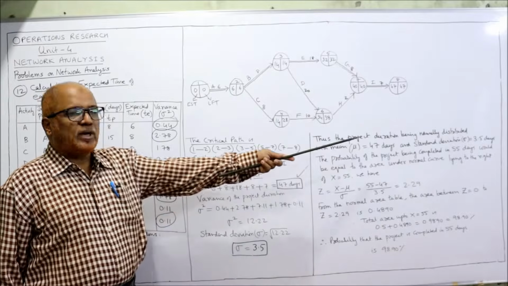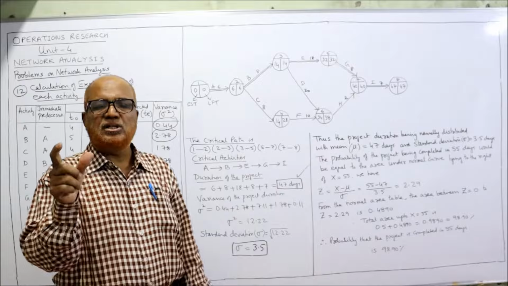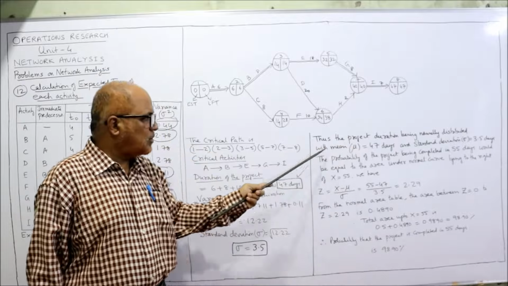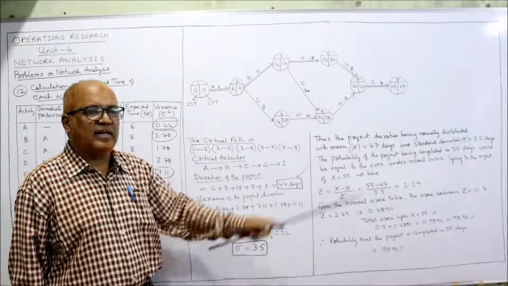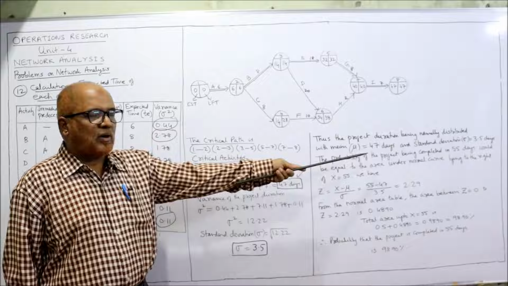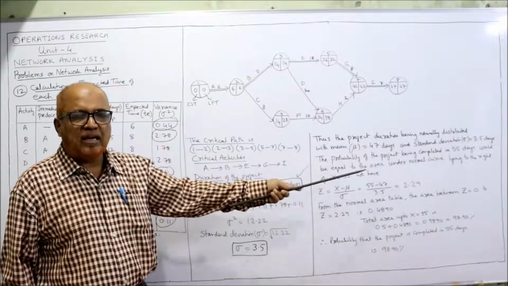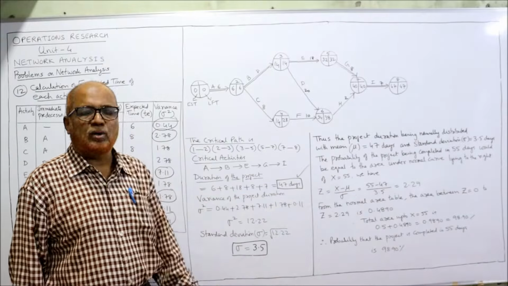So the project duration being normally distributed, we assume that project duration is normally distributed with mean mu equal to 47 days and standard deviation equal to 3.5 days. The probability of the project being completed in 55 days would be equal to the area under the normal curve lying to the right of x equal to 55.